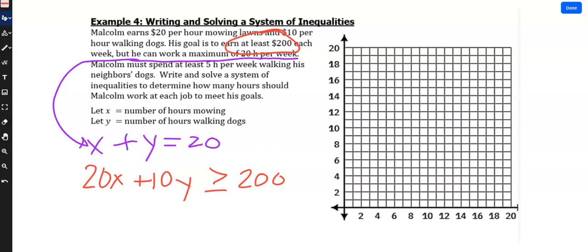Oh, I forgot something in my last equation. It said a maximum. So that means less than or equal to. Okay. I should probably graph some of these, and y is less than or equal to negative x plus 20. So I just took the x and moved it to the other side.